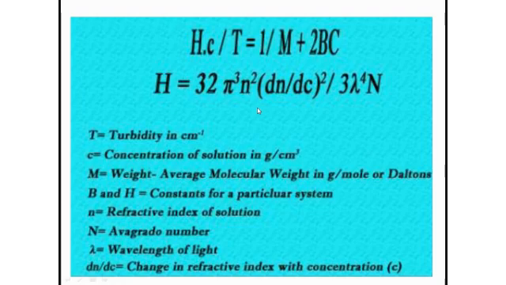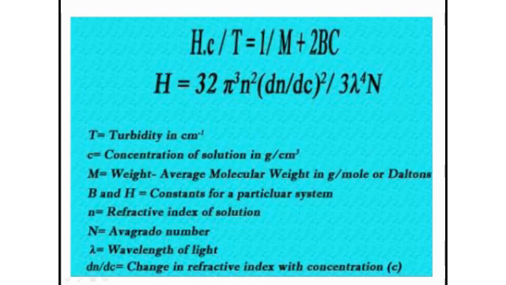B and H are constant for a particular system, and this n is the refractive index of the solution. Now the solution here is the colloidal solution, right? And this capital N is the Avogadro number. Lambda, we all know, is the wavelength of light, and dn by dc is the change in the refractive index with the concentration. From here you can find the value of H. H is equal to this.